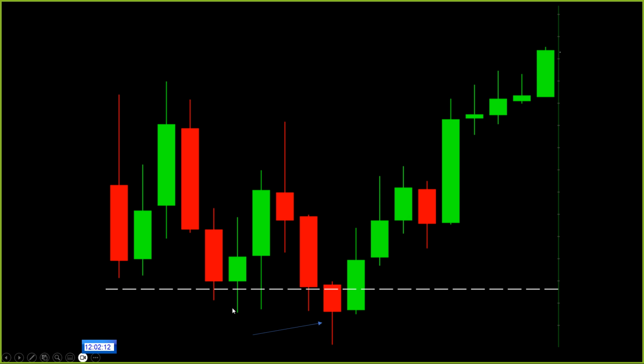So the thing to do here is, yeah, you can assume once it takes out the low, you could get in and assume it's going to go. But when it puts in this candle, that's when you probably want to reach for the oh shit handle and say, hey, this thing might be turning around.